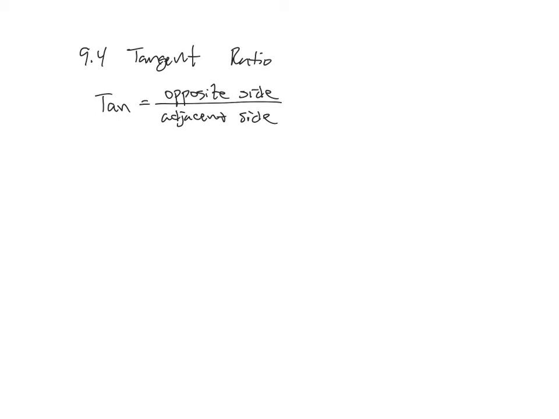I think we all know what opposite means. Adjacent just means next to. Okay, so if we had a triangle like that, we would say the tangent of angle A. That means I'm starting at A, and what side is opposite of A? 10.